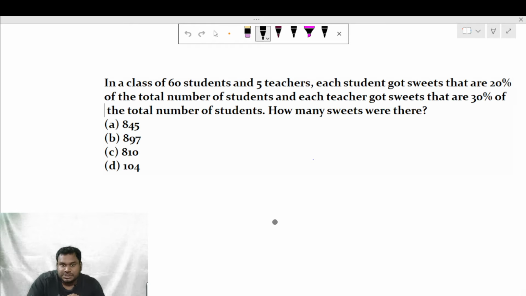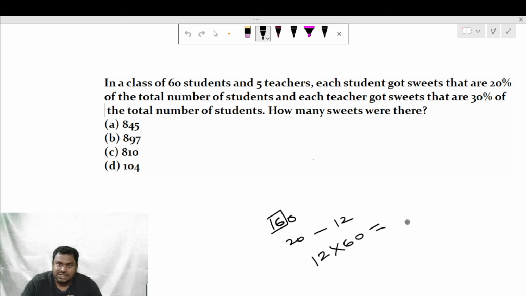See, how many students are there in the class? 60 students. What is 10%? It is 6. 20% is 12. So each student got sweets that are 20% of the total number, which means each student got 12. If one student got 12, how many students are there in total? 60.